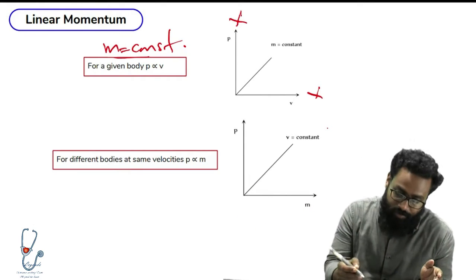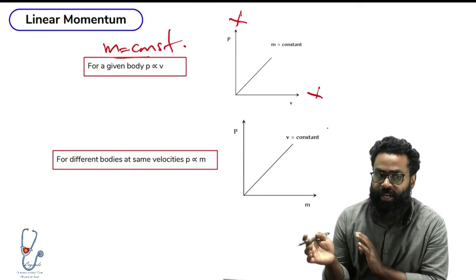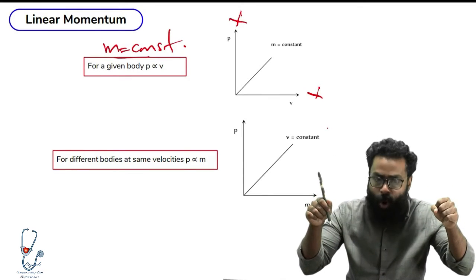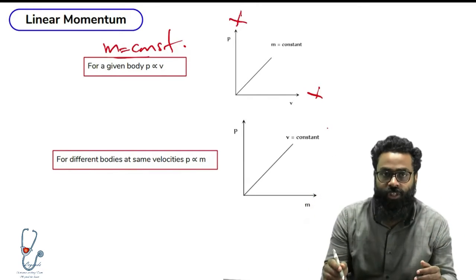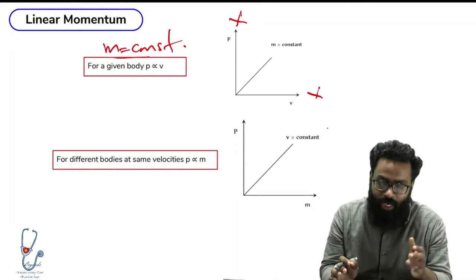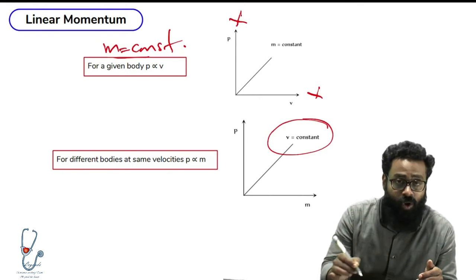The next one is for different bodies at the same velocity. We have different bodies but the same velocity, so V is constant.